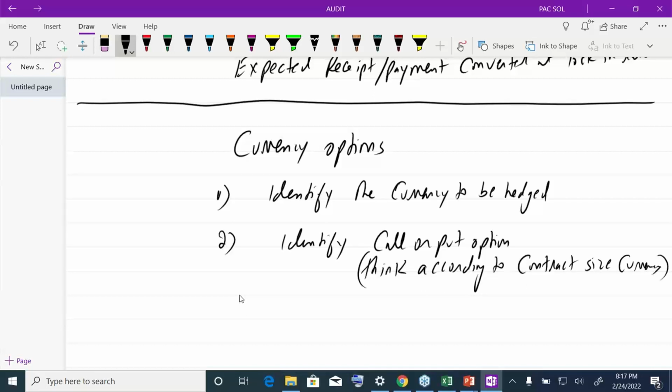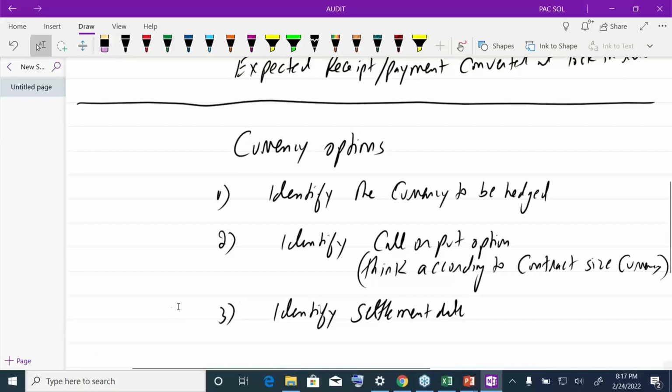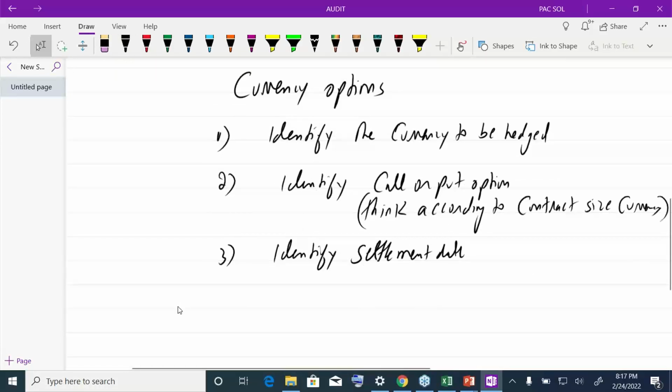Number 3 step: identify the settlement date. Number 4 step: number of contracts.